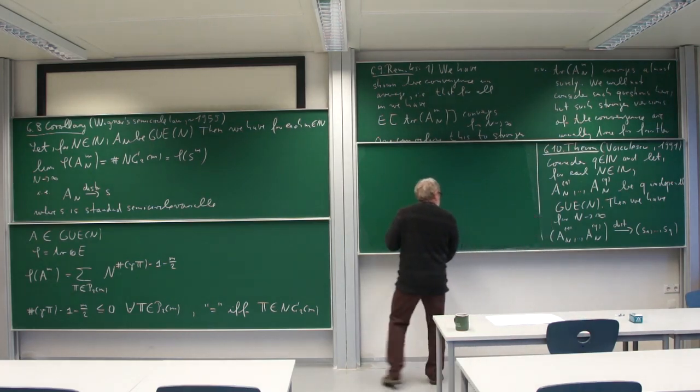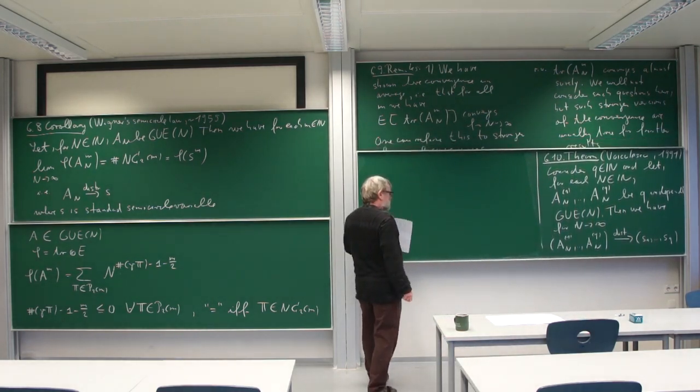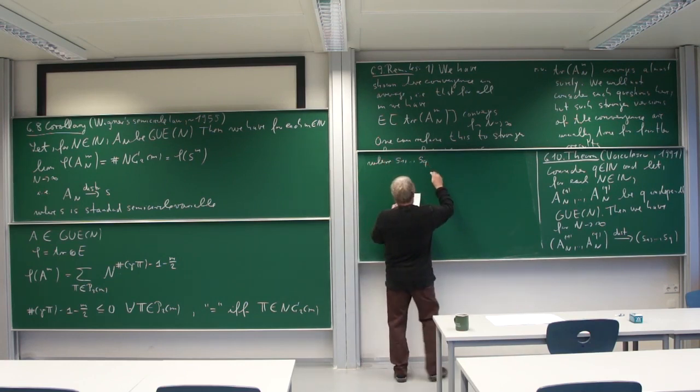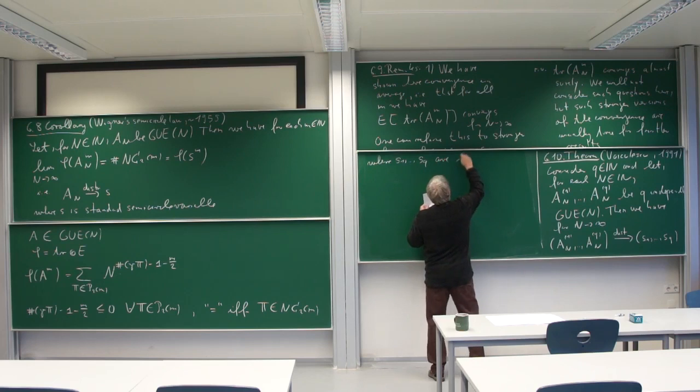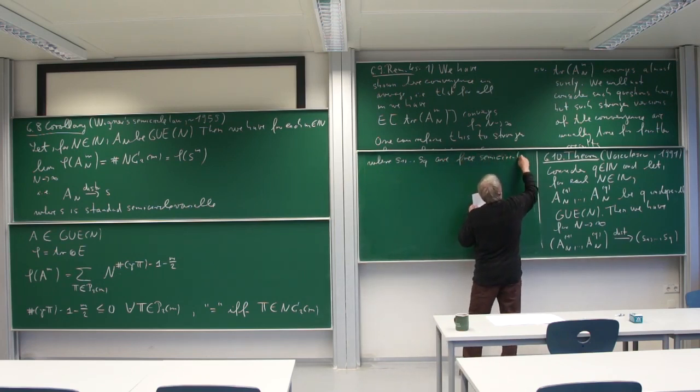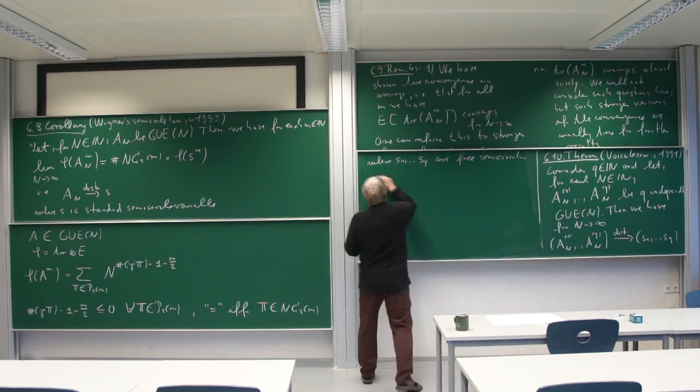Okay, so we say in distribution, this q-tuple of the independent Gaussian random matrices converges to this tuple S_1 up to S_q, where this S_1 up to S_q are free semicircular variables.